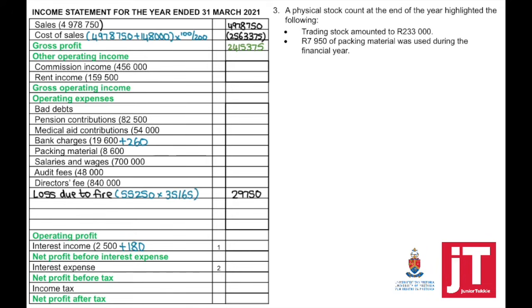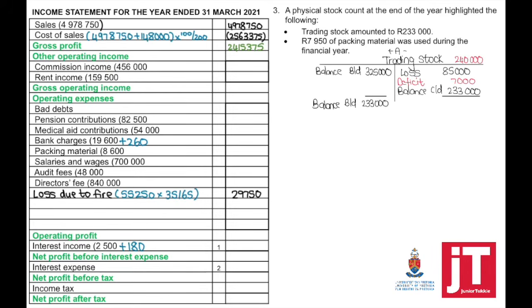Adjustment number 3. A physical stock count at the end of the year highlighted the following: trading stock amounted to 233,000. So as I've said before, you cannot take the amount from the pre-adjustment trial balance and compare that to the trading stock amount physically counted. Why? There was loss due to fire, which we needed to show.